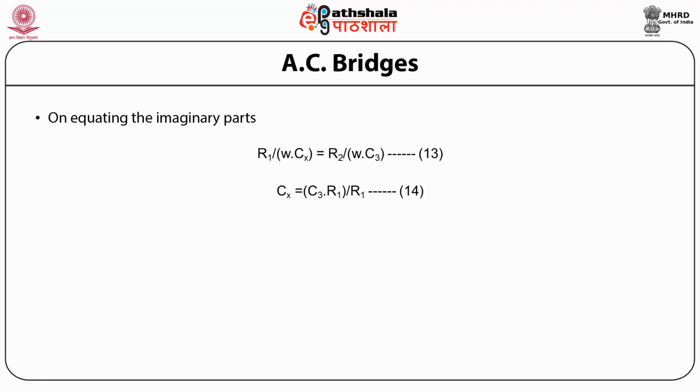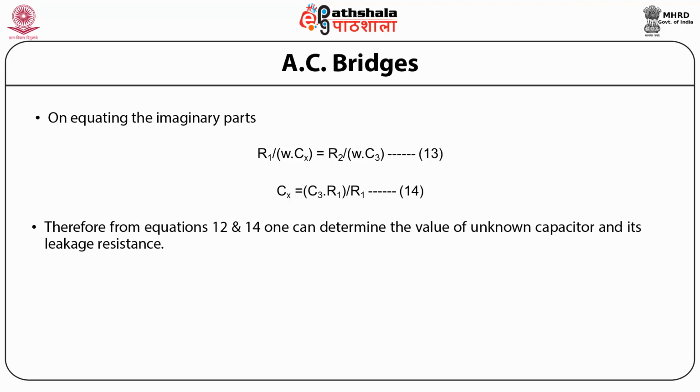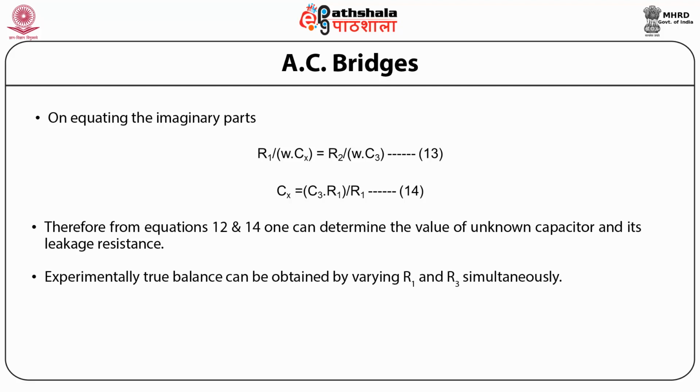And the unknown capacitor Cx equals C3 dot R2 divided by R1. This is equation 14. Therefore, from equations 12 and 14, we can determine the value of the unknown capacitor and its leakage resistance. Experimentally, true balance can be obtained by varying R1 and R3 simultaneously.